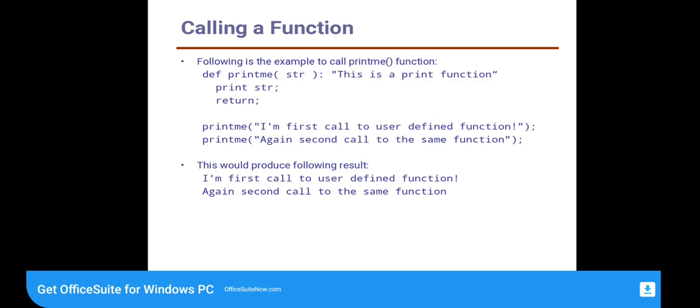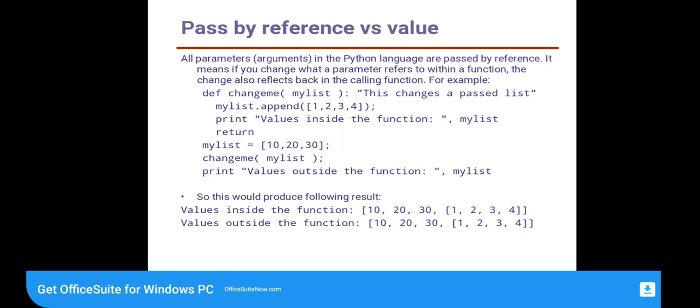So already we have defined the print me function, and the function will be called at another place. Print me, I am a first call to user defined function. Print me, again second call to the same function. This would produce the following result. So these two lines will be printed on the screen.